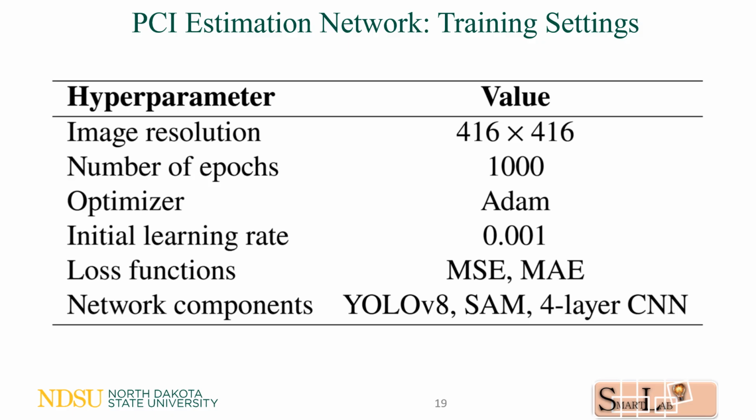We also train the model for 1000 epochs. The optimizer uses Adam with an initial learning rate of 0.001. We use loss functions of MSE, which is the mean squared error, and the MAE, which is the mean absolute error. For the network components, just the YOLO V8, the Segment Anything Model, and the CNN, our full layer CNN.